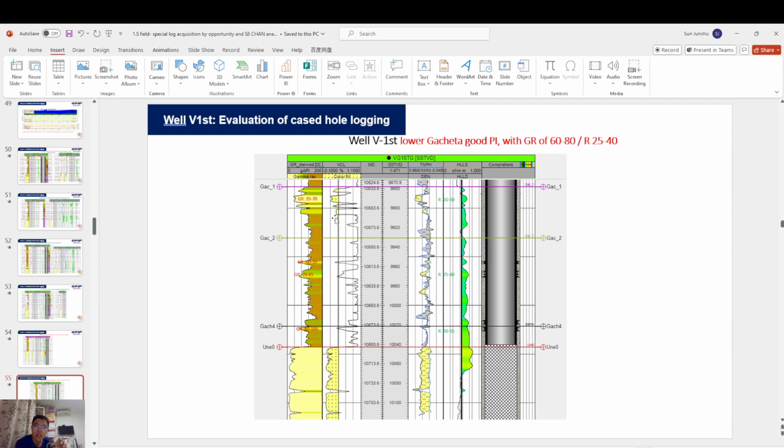Gogeta 1, gamma ray 35 to 70, resistivity 20 to 30. Gogeta 2, gamma ray 60 to 85 with resistivity 25 to 40. This is also good productivity. Gogeta 4, gamma ray 80 to 105, resistivity 30 to 35.